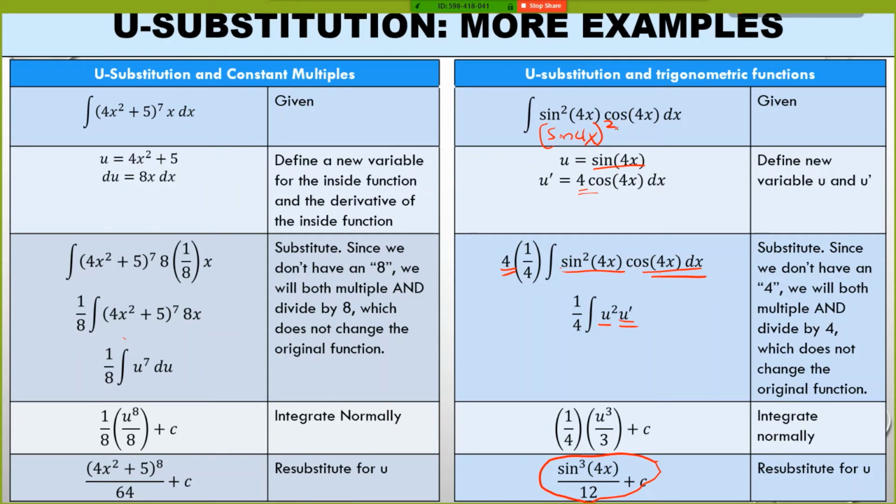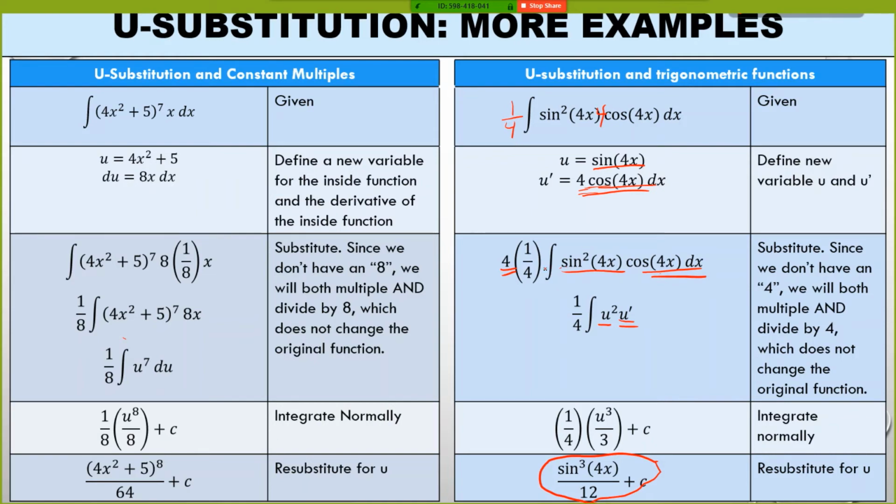So that's where the 4 came from, but I did not have a 4 in my original problem, so I can't substitute for 4 cosine 4x directly until I've got that 4 in there. So I'm going to multiply by 4. That'll give me the 4 that I need. But so that I don't change the original problem, I'm also going to divide by 4. And that'll get me to this step.